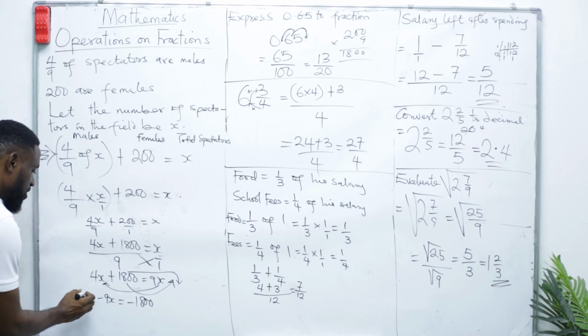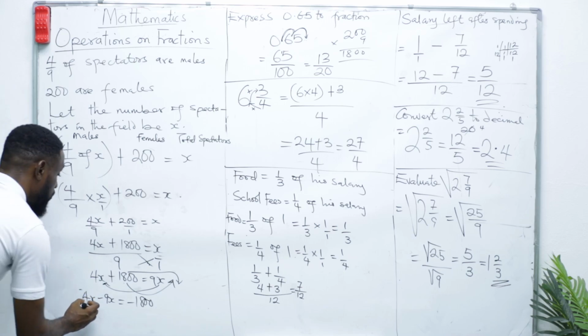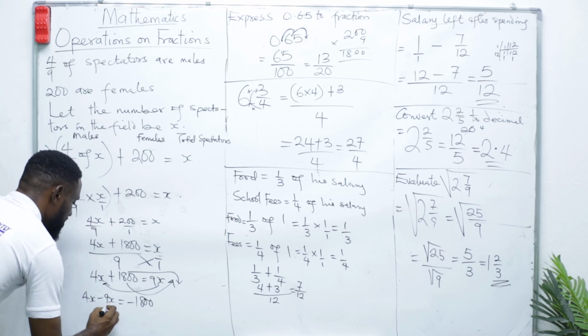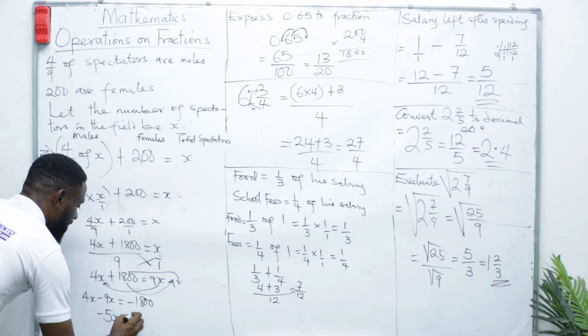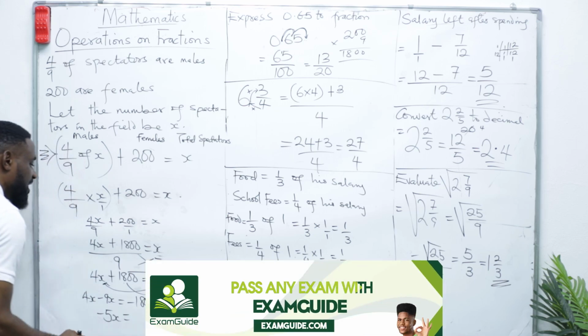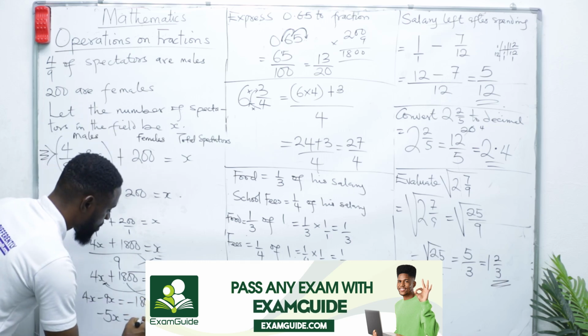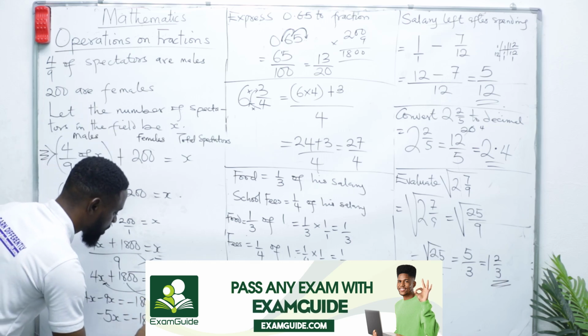Okay? So 4x minus 9x should be minus 5x, because a smaller number is subtracting a larger number, so it will be a negative sign. So this will now be minus 1,800.